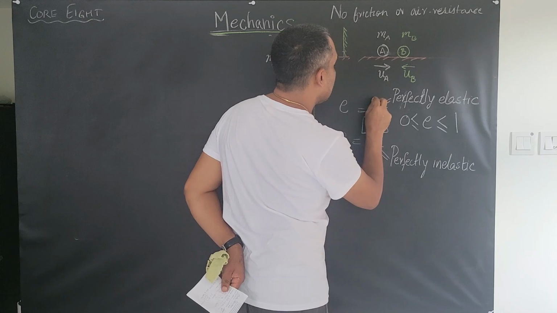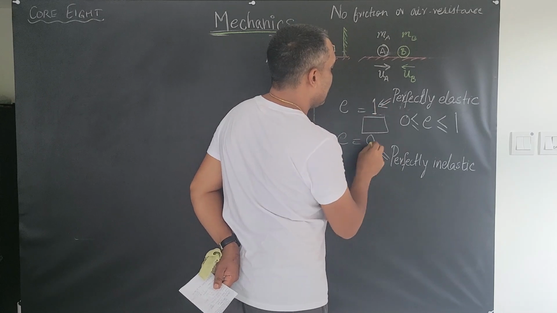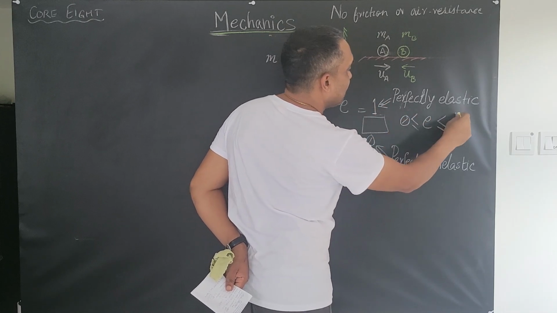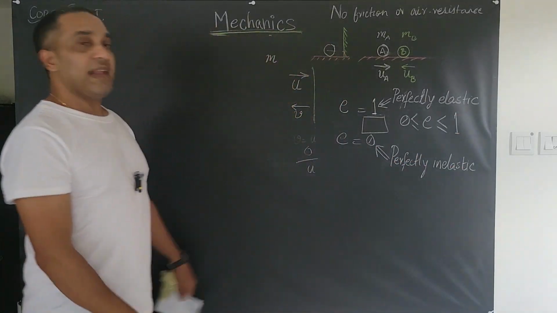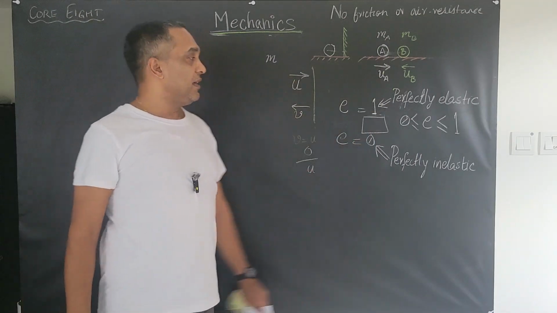Just to make it neat, this is the number 1, and that's 0. So 0 to 1. And the reality is E is somewhere in between these two.